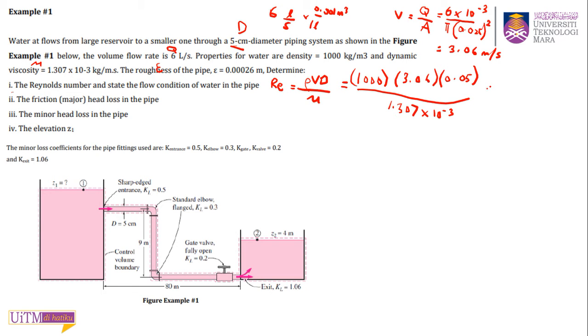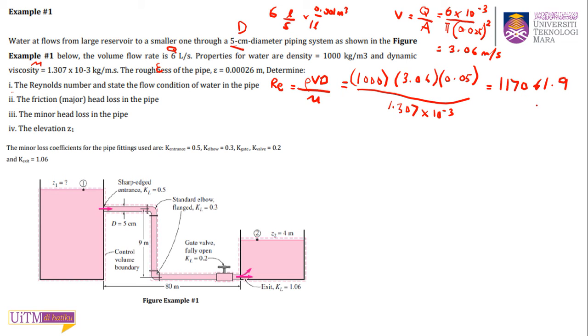So you will get 1000 times 3.06 times 0.05 divided by 1.307 times 10 power minus 3. So you will get your value for Reynolds number is 11061.9.